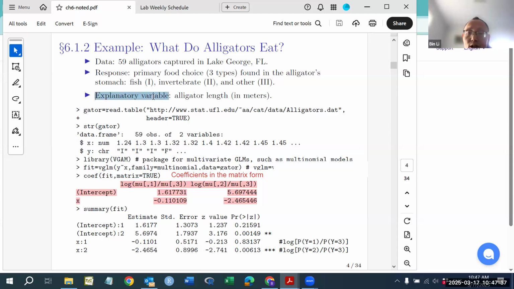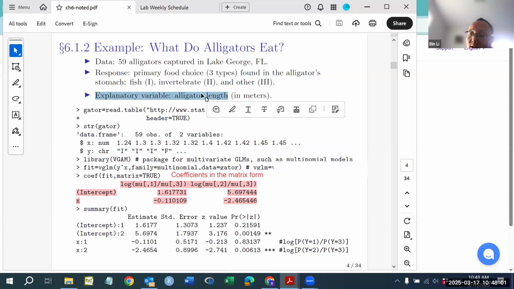And for the explanatory variable, we use the alligator length. Why use the alligator length? Because the alligator length is a proxy for the age of the alligator, right? The size provides similar information as the age.